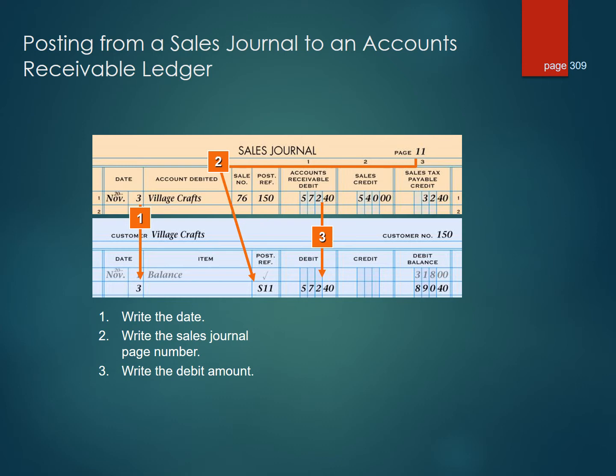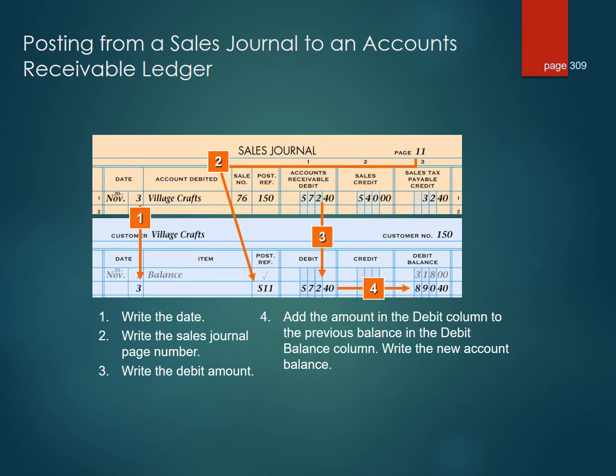We will record the debit amount of $572.40 into our customer account. Then we will determine our new debit balance by adding our $572.40 to our previous balance of $318, determining a new debit balance of $890.40.